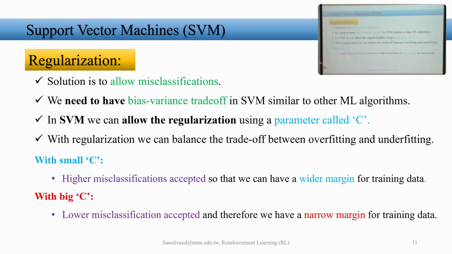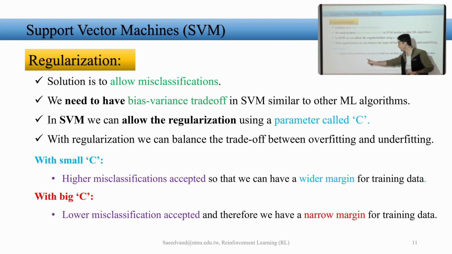We say if we define C such that higher misclassification is accepted, we can have a wider margin for training data. The margin that we are defining, if I draw it here with another color, is going to get bigger or wider.